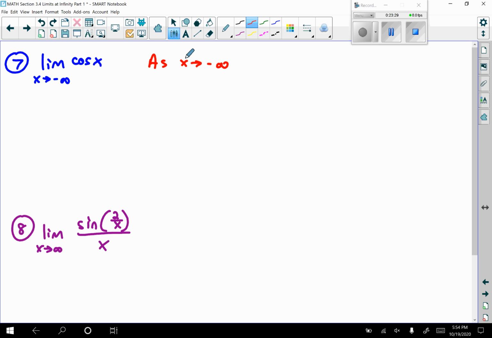So for either end that we were looking at, in this case x decreasing without bound, the values of cosine x just keep going back and forth, so we say it oscillates.